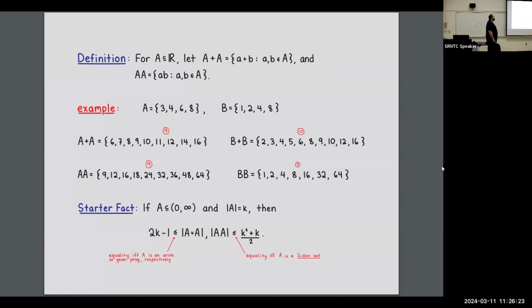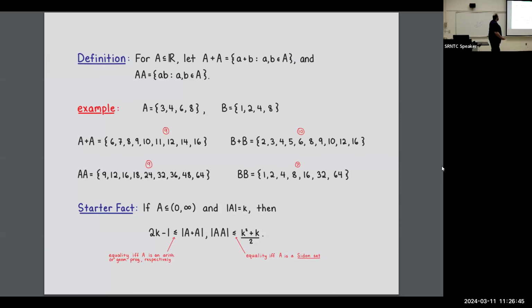At least in the addition case, such a set is called a Sidon set, and there's a huge literature dedicated to sets in the integers or in a group where adding 2 elements always gives you something different, other than just swapping the order.